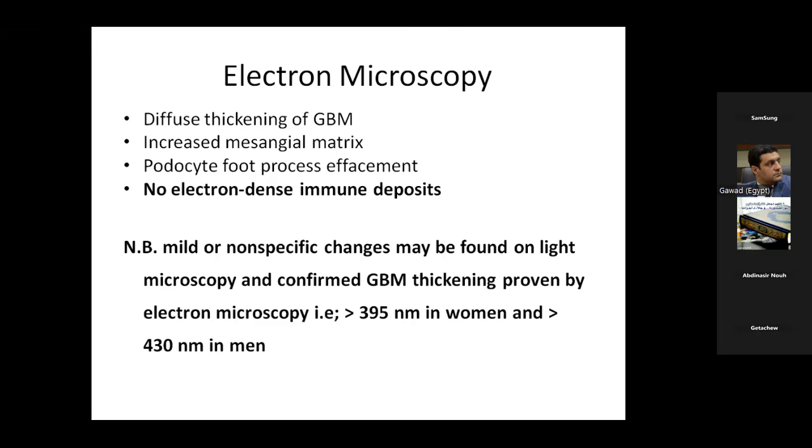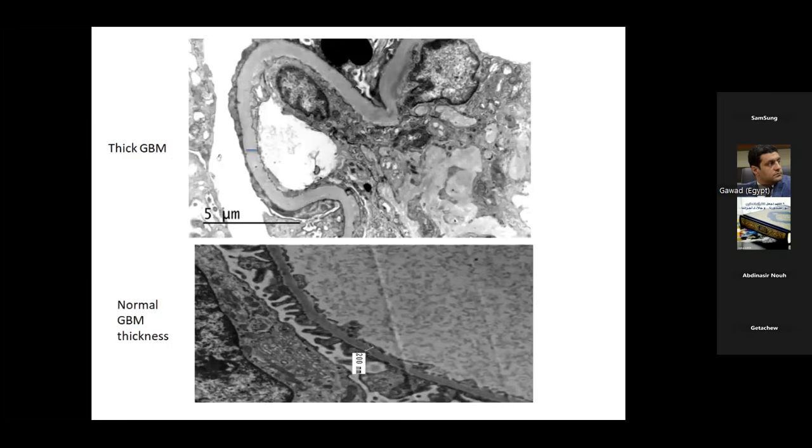It was proved later on that this patient has an early or pre-diabetic state by hemoglobin A1C or other investigations. This patient is in a pre-diabetic state with microalbuminuria with no change under light microscope, but electron microscope shows an early change, which is diffuse thickening of the glomerular basement membrane.